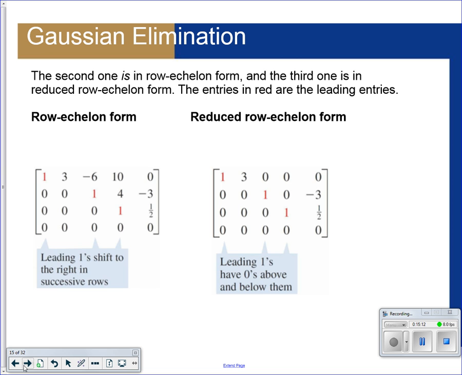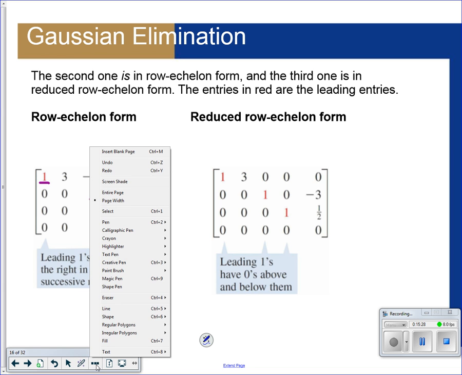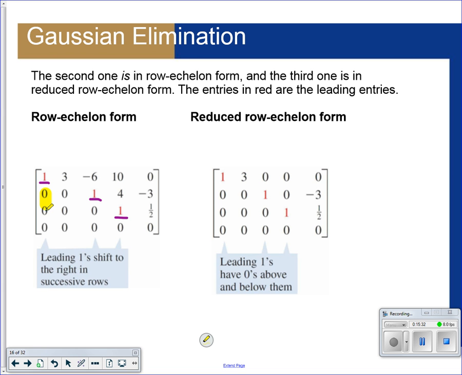Let's take a look at one that is in row echelon form. You can see here that all of the leading 1s shift to the right, and also notice what is underneath all of the leading 1s. Underneath them are zeros. That's also what you want: zeros underneath the leading 1s.